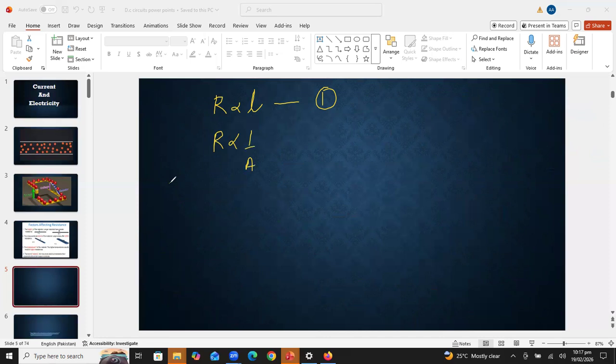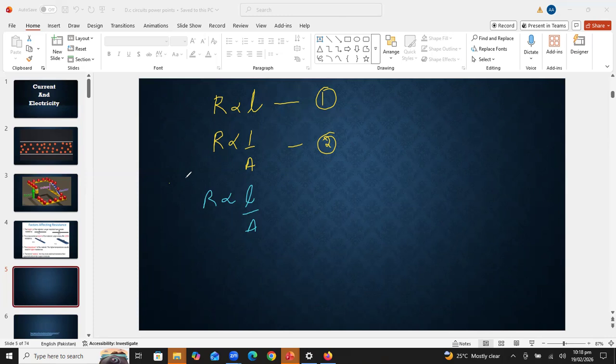If area is doubled, resistance becomes half. Now I am labeling this equation number 2. If I combine both equations, I can write that resistance is proportional to length upon area.